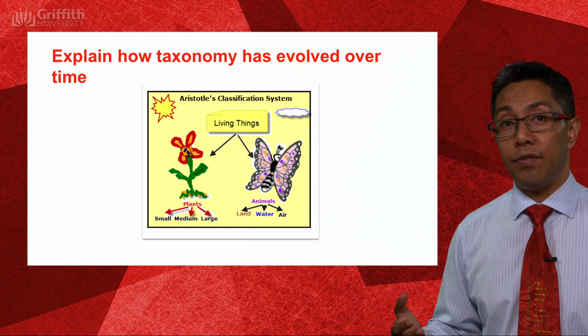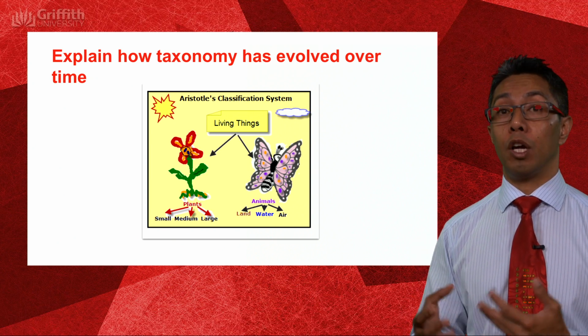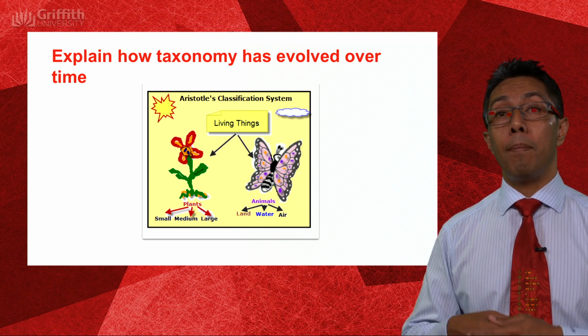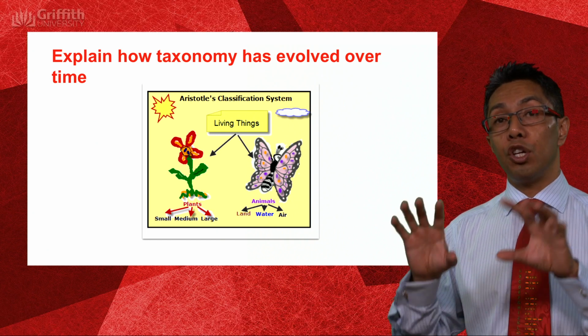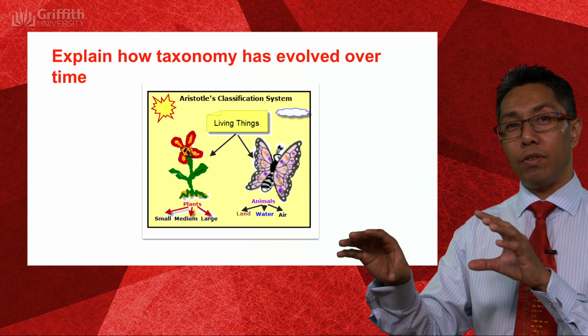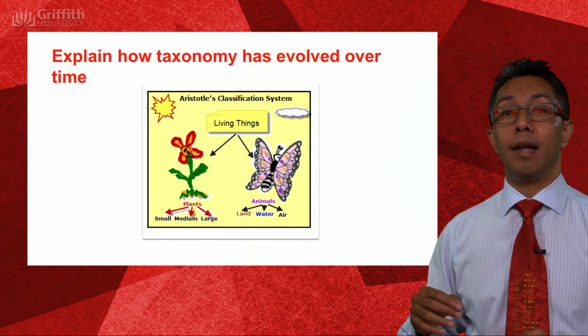Corals would also be classified as plants. Now, they don't belong in the plant kingdom like we understand today, but back in Aristotle's time, that would have been the case. So you can see we've divided things into whether they can move about by themselves or they are stuck in one place.